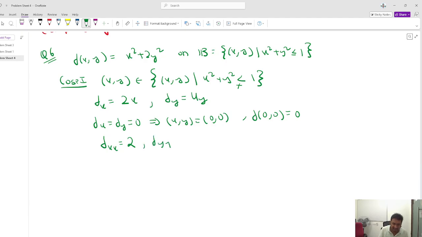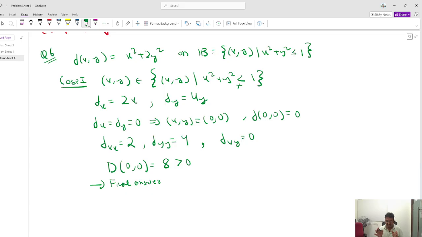What is fyy? 4. And what is your fxy? That is 0. So it means your discriminant at this point (0, 0) is nothing but 8, which is bigger than 0. Now you can conclude whether it is the point of maxima, minima, or a saddle point. You know the result, right? Write the final answer here.